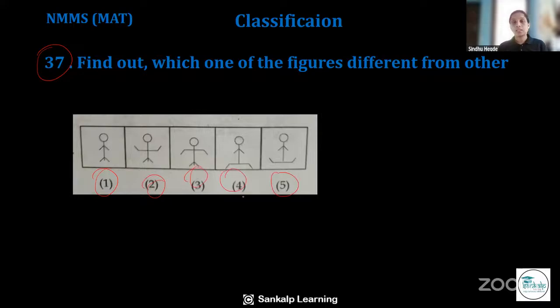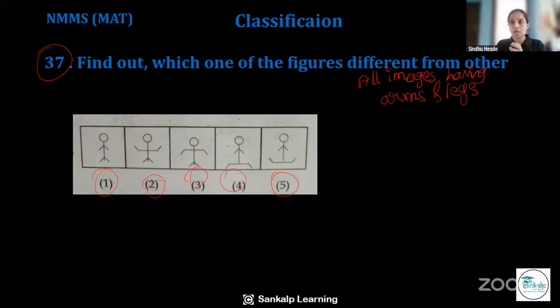So we can see the common thing in all these images is that all the images have arms and legs. Just imagine that this figure shows a person.